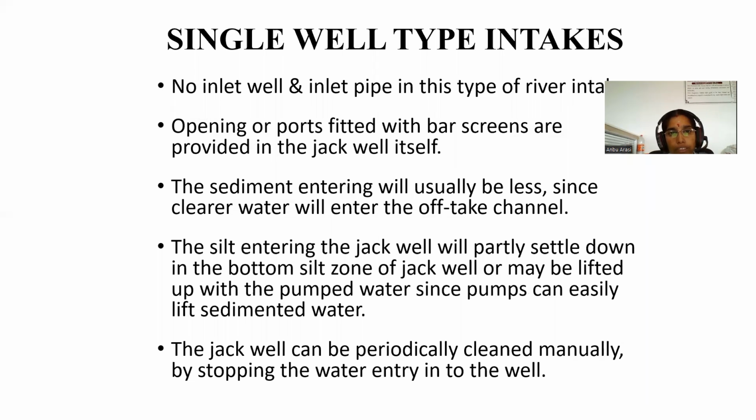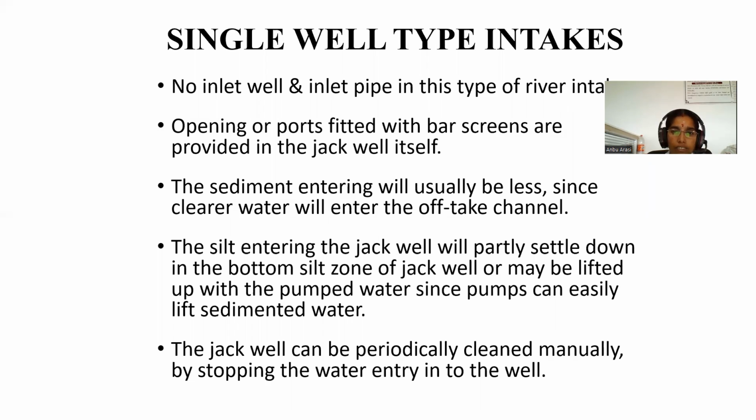Next, single well type intake. There is no inlet well and inlet pipe in this type of river intake. Openings or ports fitted with bar screens are provided in the jack well itself. The sediment entering will usually be less, since clear water will enter the take-off channel.